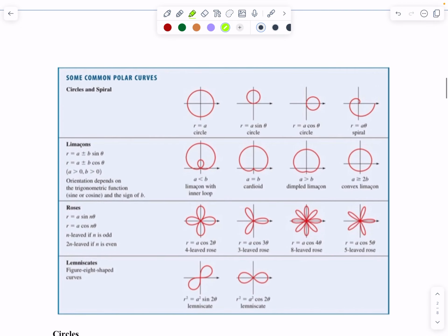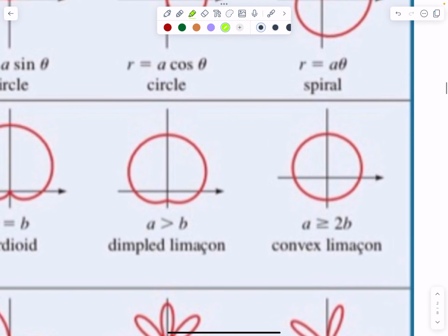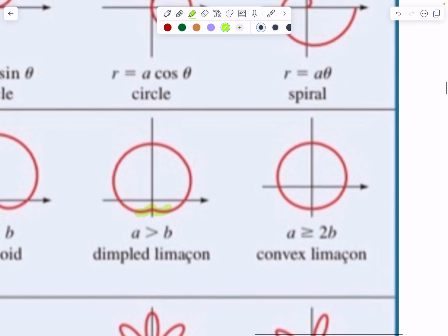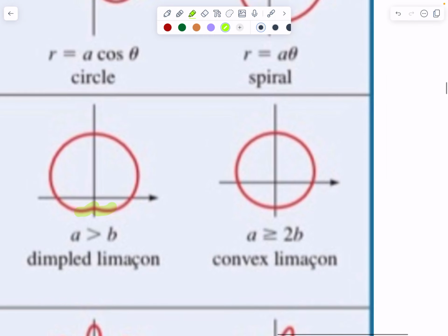Here, let me go back up here. So a dimpled limaçon would be like so, where you can see there's just this little dimple. This picture doesn't do a great job, but it's meant to show, in the case that A is greater than or equal to 2B, that there's a flattened side. Like, let's say that this side is maybe a little bit more flattened.